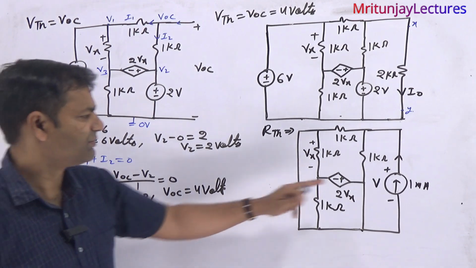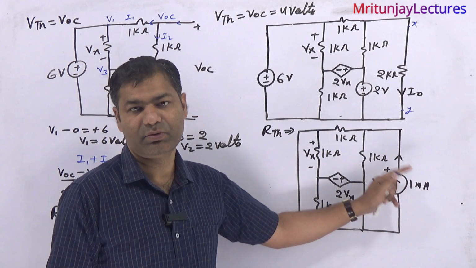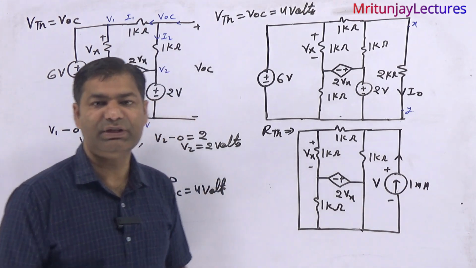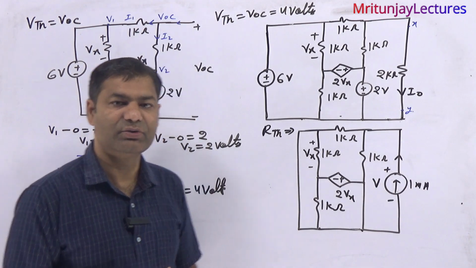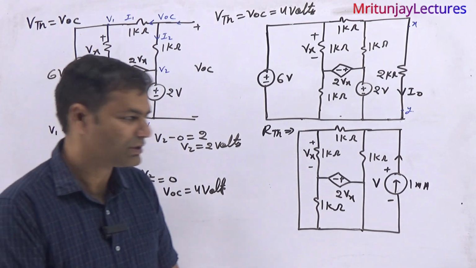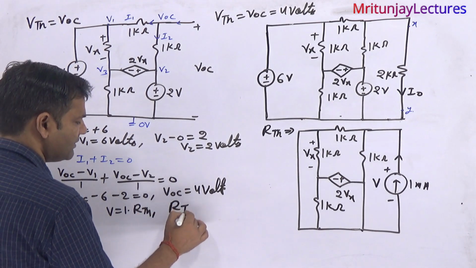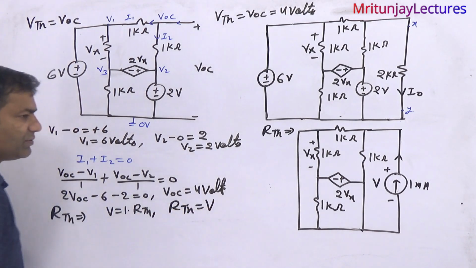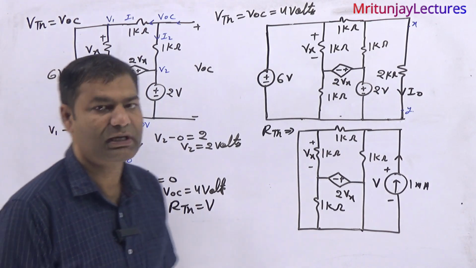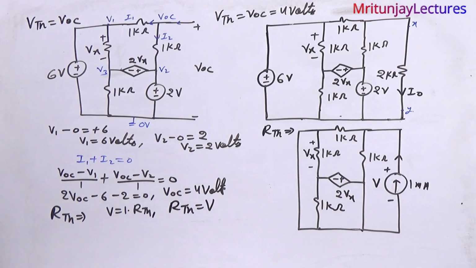Why? Because you have taken 1 milliampere. If you had taken 1 ampere, then V corresponding to RTH would be in ohm. Clear or not? So basically our motto is to determine RTH. RTH is V, so if you determine V, then it is also RTH.